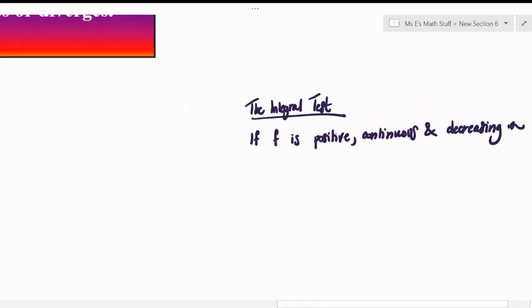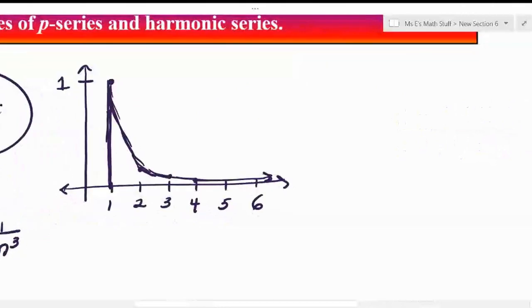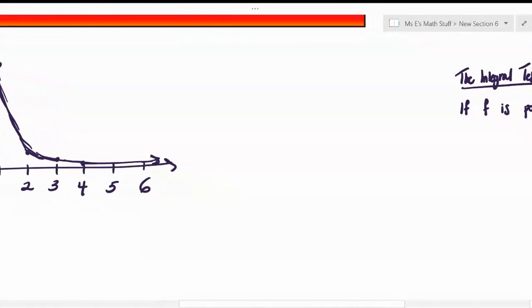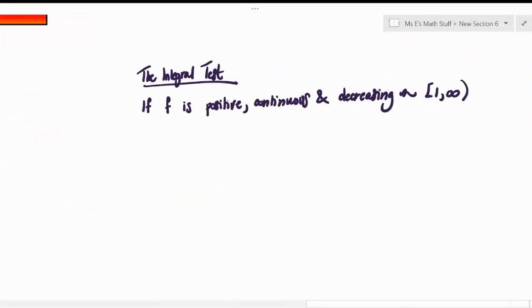Let's look back at this example. Notice that this function rule is positive, meaning it's above the x-axis. It is continuous, meaning it doesn't have any vertical asymptotes. And it is decreasing. As it goes to the right, the graph continues to go down ever so gradually at the end, but it is decreasing for the entire interval from 1 to infinity.